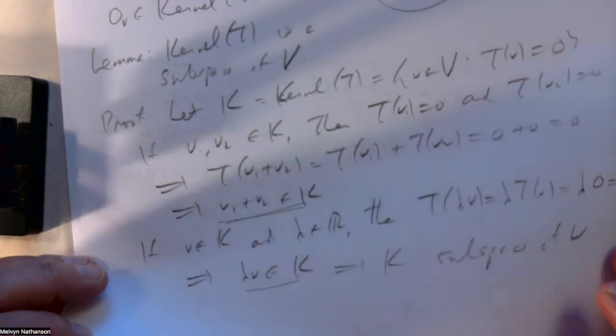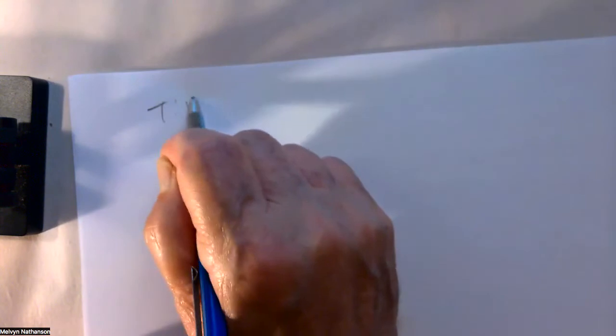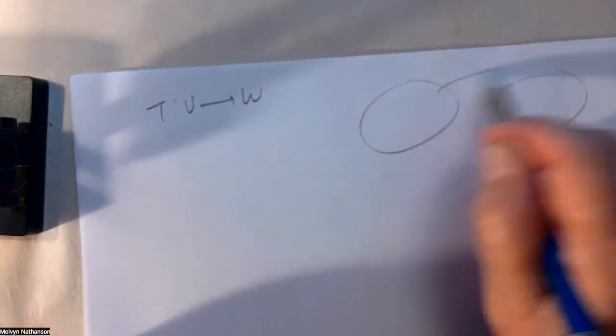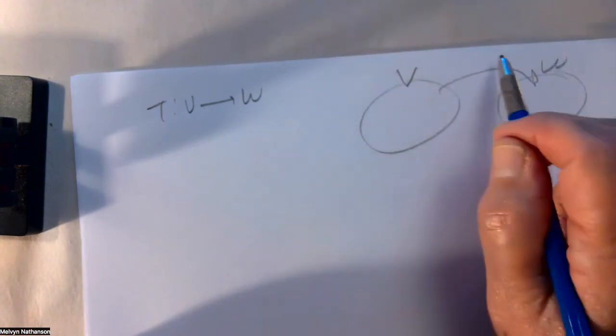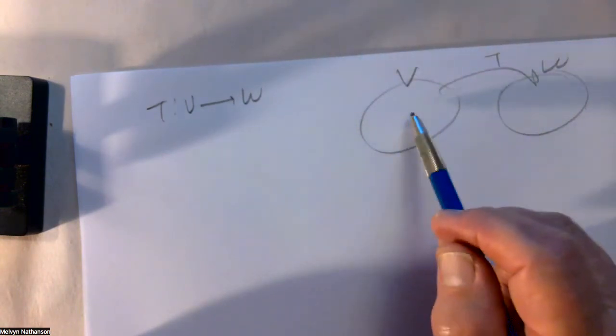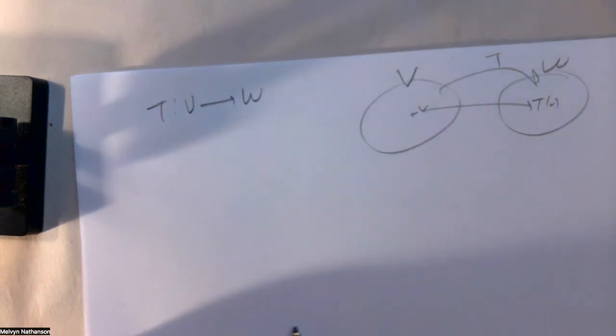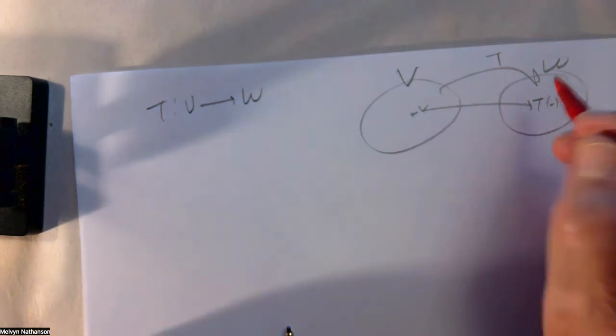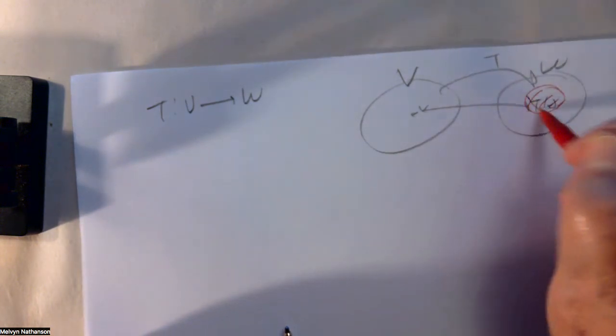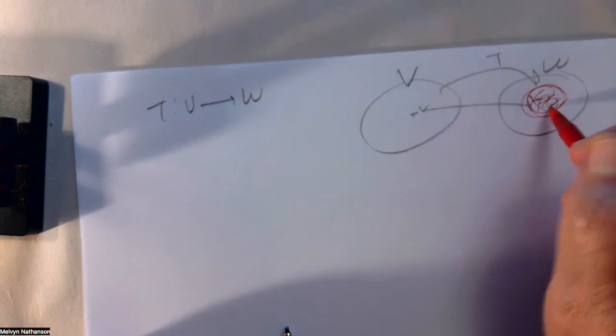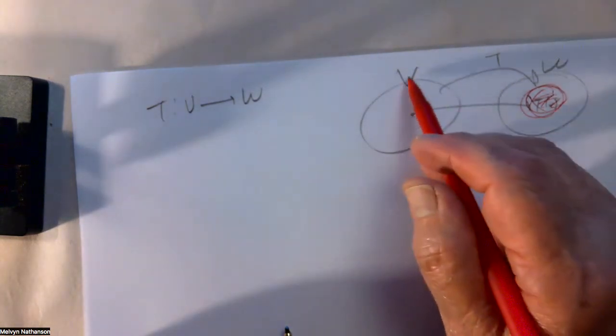There are many subspaces associated with a linear transformation. Let me describe another. Again, we have T from V to W. Well, here's V, here's W, and here's T. Now, every vector V gets sent to some vector T of V in W. And so over in W, you have the set of all things of the form T of V for some V back in this vector space.